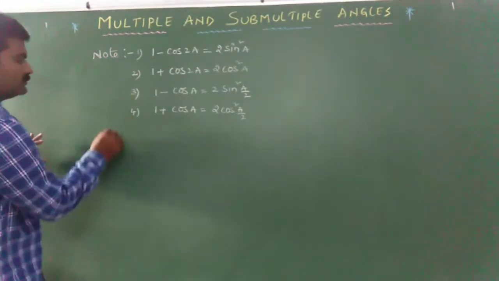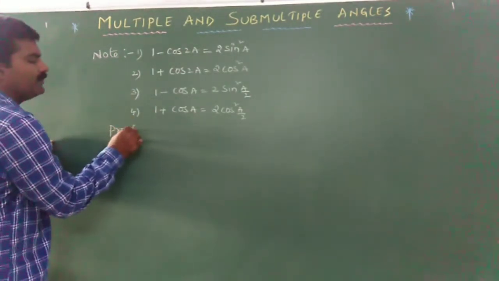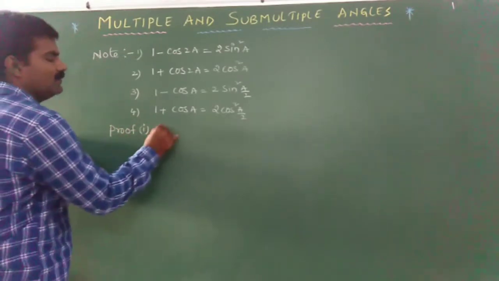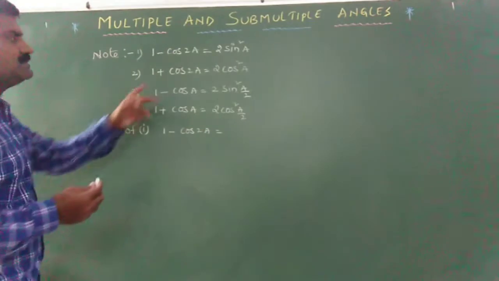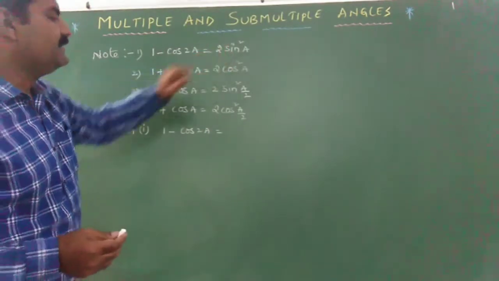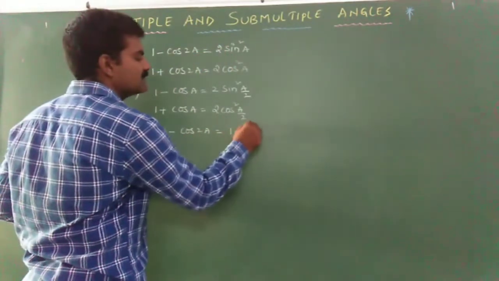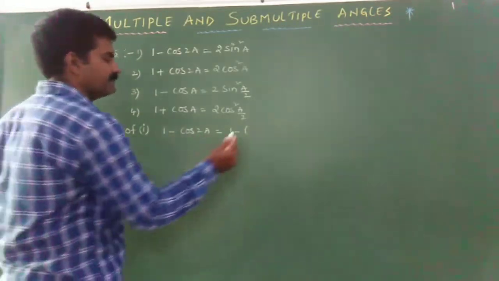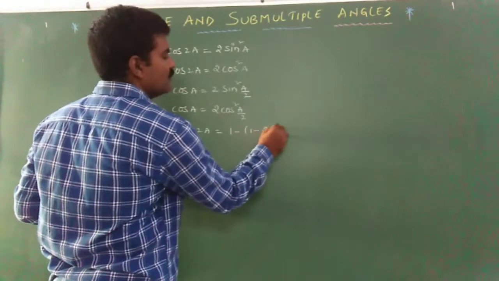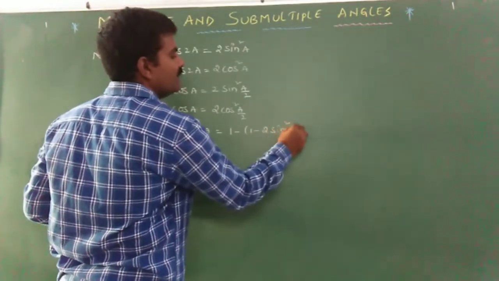So coming to the proof of the first one, 1 minus cos 2a. See, the right side is purely in terms of sin. Then 1 minus, what is the formula of cos 2a in terms of sin? Which is equals to 1 minus 2 sin square a.